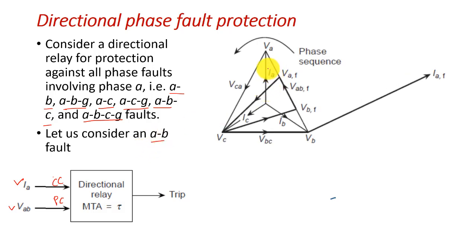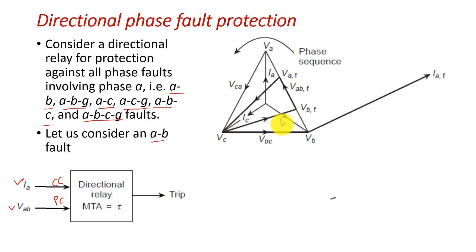So now we can see here the phasor diagram for all the current and voltage phases, and here we can see that this is your VA and IA in the same phase. That is called the unity power factor position for the current, and the load here assumed is unity power factor.